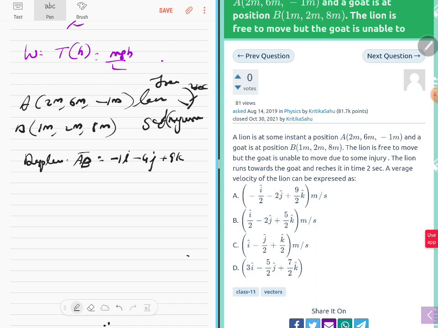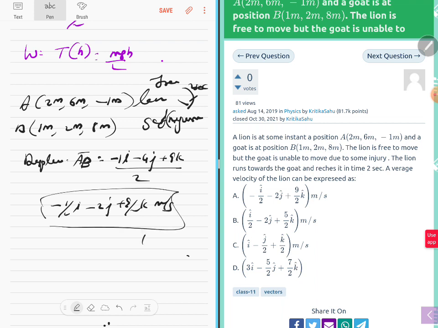And it is able to reach it in 2 seconds. The displacement by time would give me the velocity, so I can just divide it by 2. So I have minus 1 by 2 into i plus minus 2 into j plus 9 by 2 into k meter per second. You have an option like that, which is your option A, and that's the right answer.